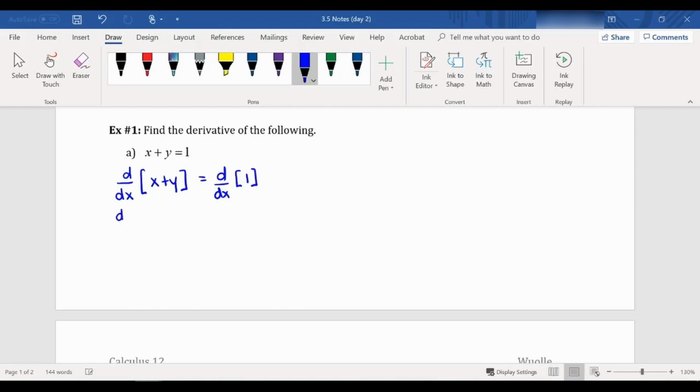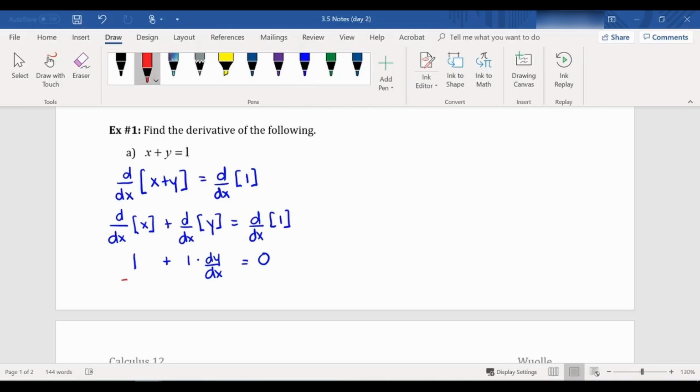On the left, this can separate into two parts by adding the two derivatives together. Now, the derivative of x with respect to x is 1. Technically, it's 1 dx/dx, but again, dx/dx we don't need, plus 1 dy/dx equals 0. Then if I move this 1 over to the other side, I get dy/dx is equal to -1.